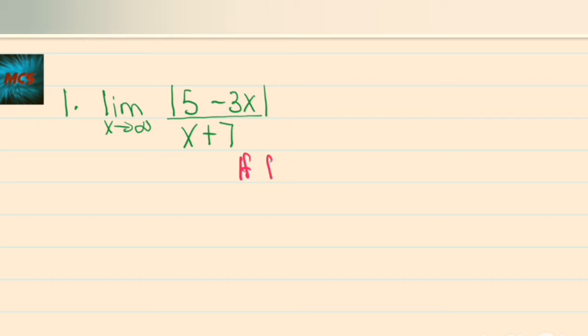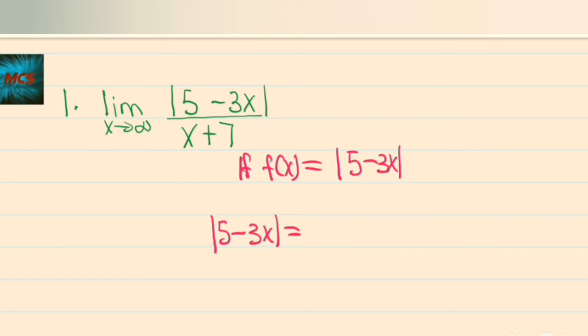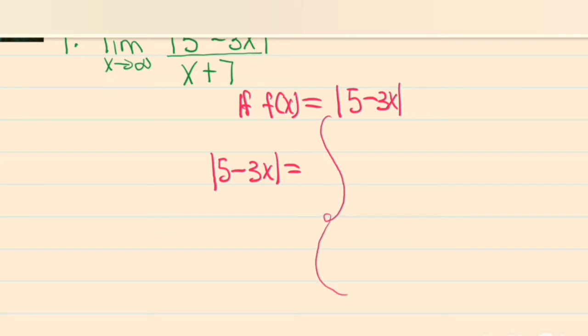If f of x is equal to the absolute value of 5 minus 3x, then the absolute value of 5 minus 3x equals 5 minus 3x if 5 minus 3x is greater than or equal to 0.